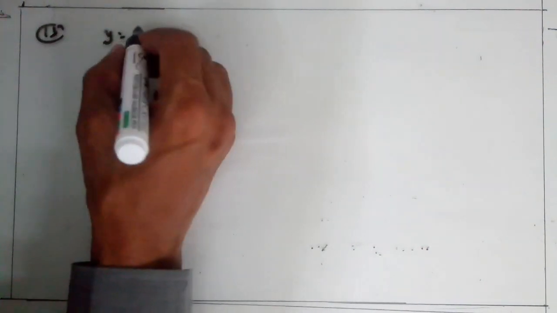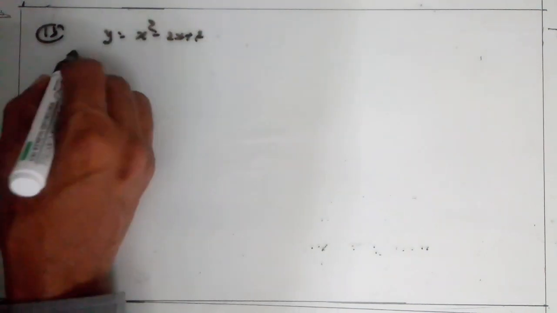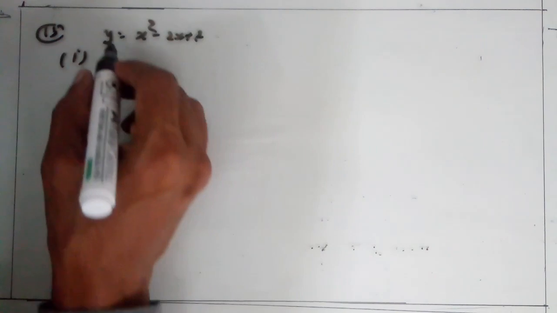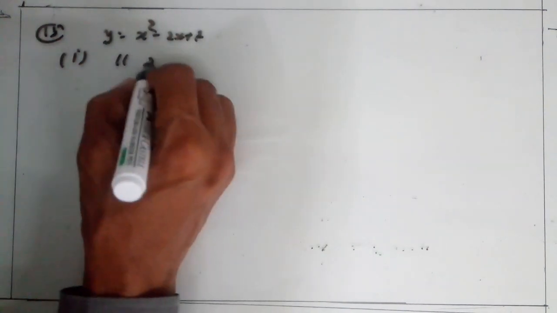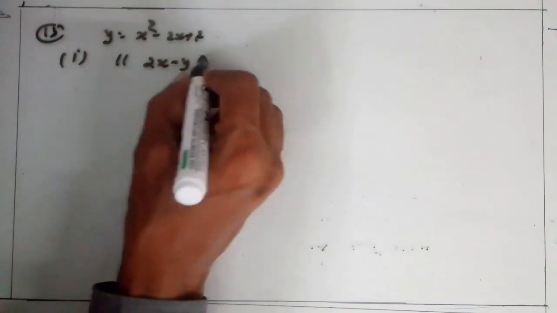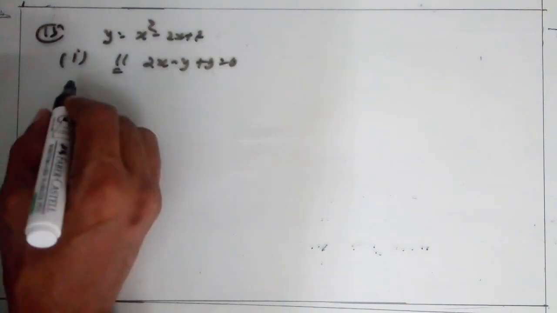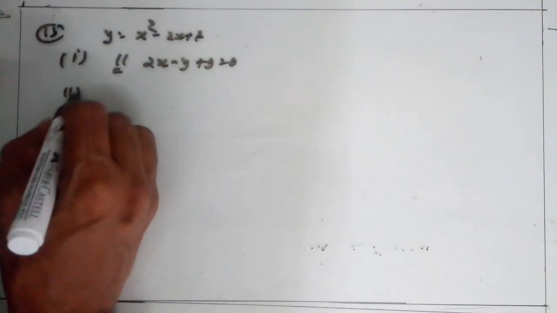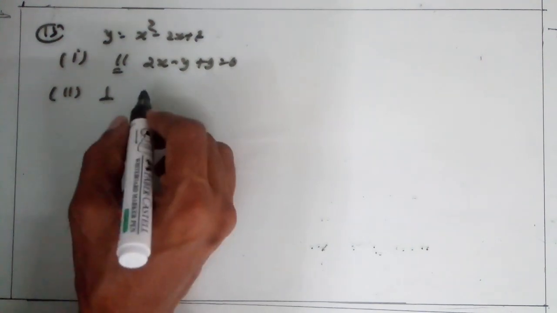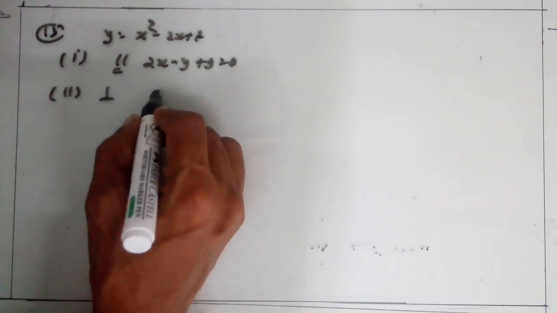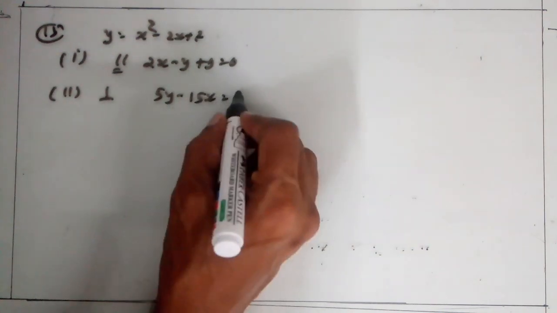Equation of curve given, y is equal to x square minus 2x plus 7, and we want to get equation of tangent which is parallel to 2x minus y plus 9 is equal to 0. This is symbol for parallel, remember this here. And number 2, perpendicular, this is symbol for perpendicular. Perpendicular to 5y minus 15x is equal to 13.